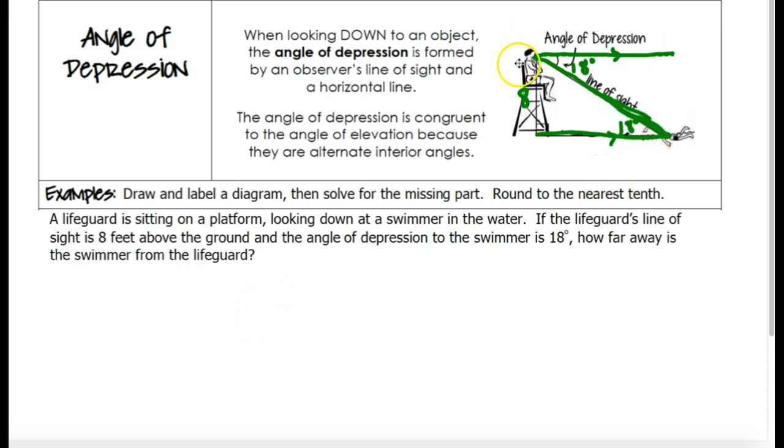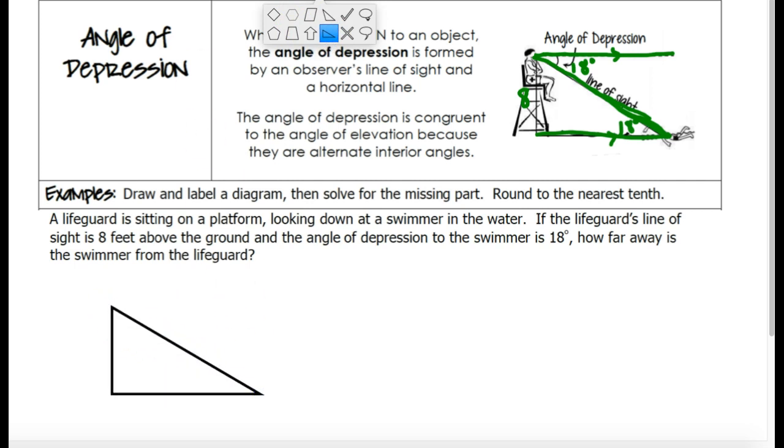I'm going to redraw this down here. Let's use the triangle tool. So we've got our lifeguard chair here. We know that's 8 feet above the ground. And we know that this angle of depression that's formed is 18 degrees.